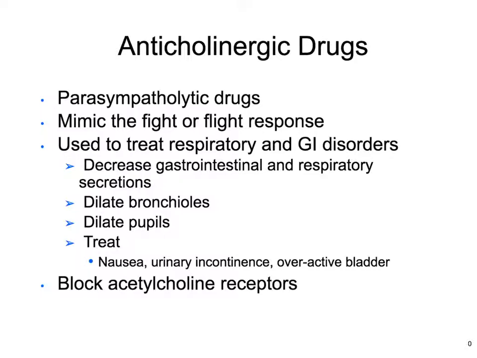They're going to dilate bronchioles and dilate pupils. They are useful in preoperative situations to treat nausea, and might be used with scopolamine. Or they might be used for urinary incontinence or overactive bladder. In this case, they may use oxybutynin.